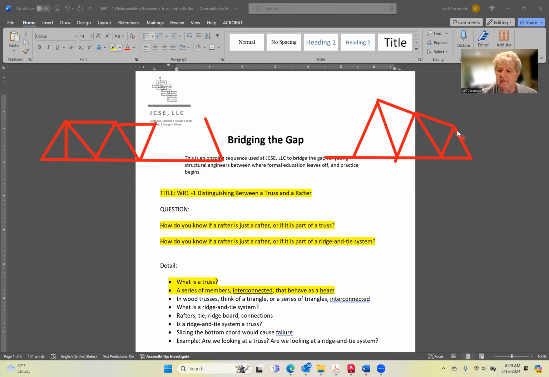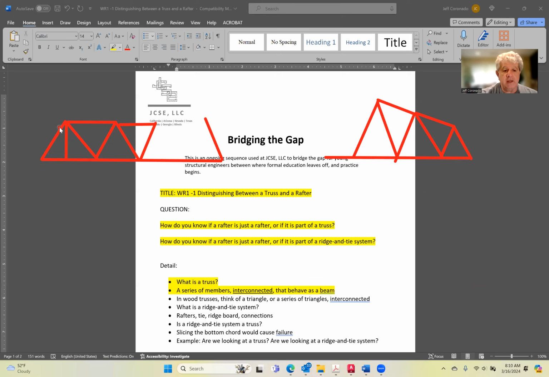We don't have to be constrained to just a single pitch on one chord. The profile of the top chord and bottom chord, we can take great liberty with and still frame it with a truss. But the one thing that you might see that repeats itself is this triangular shape, right?